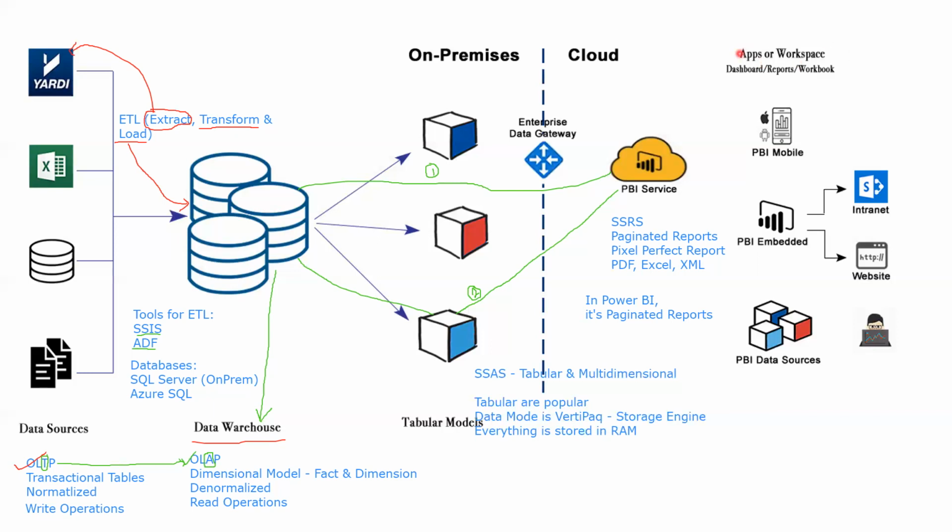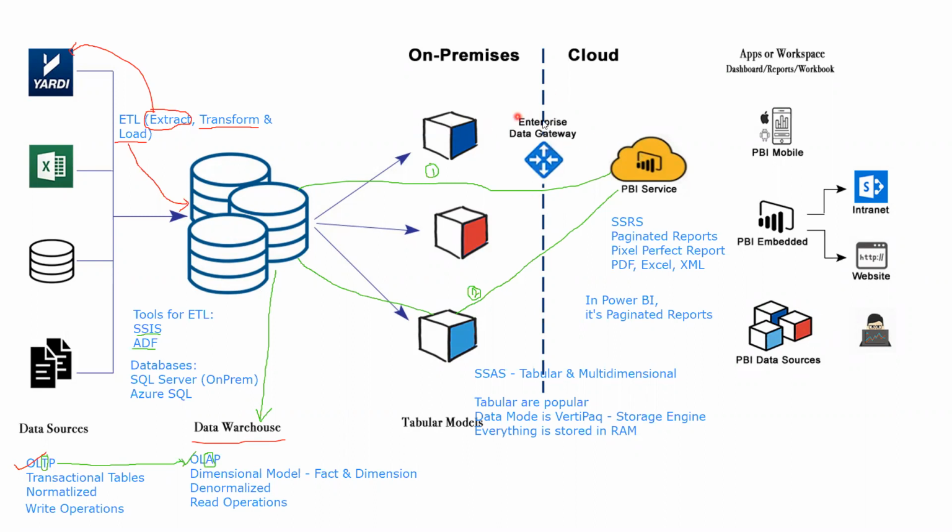That portal allows you to see the different workspaces, and then you'll be able to see the dashboards, reports, or Excel workbooks, or you can use your mobile application along with an embedded option. And then the business analyst can analyze the data by connecting to the models directly from the Power BI service.